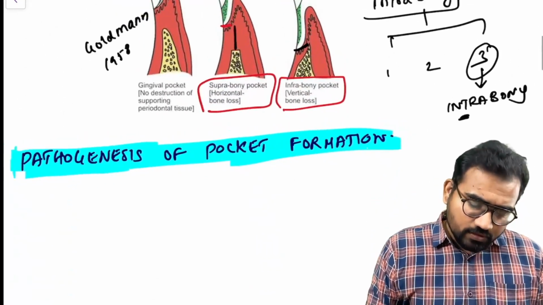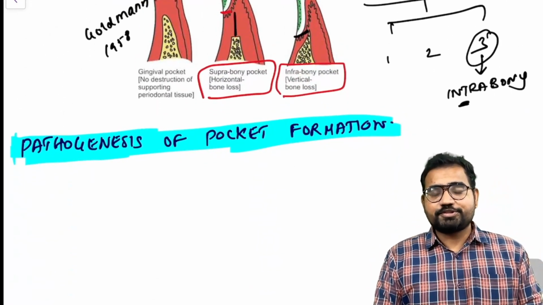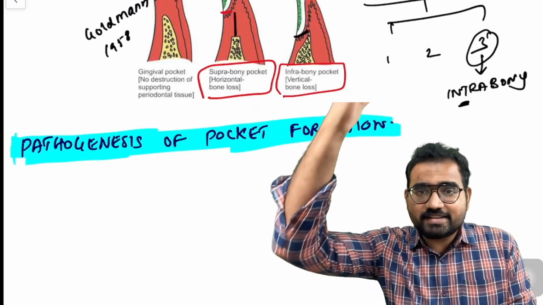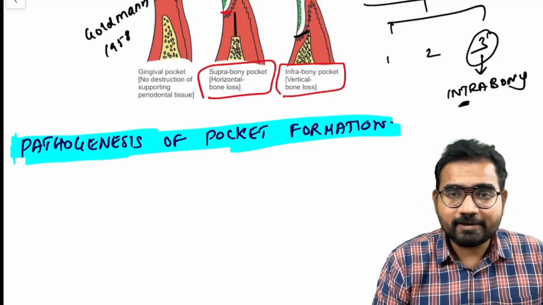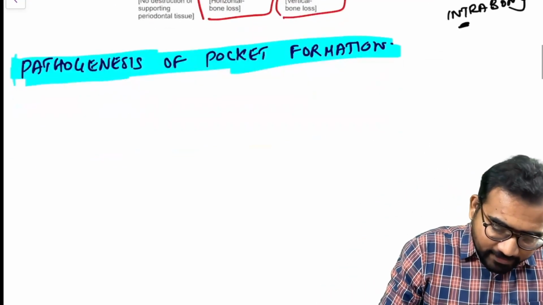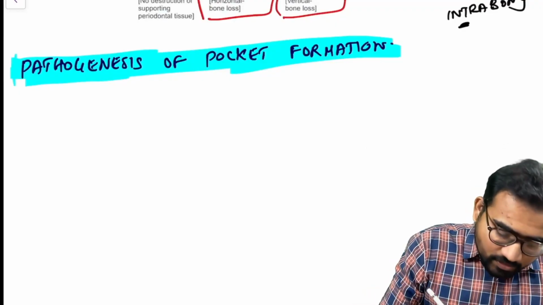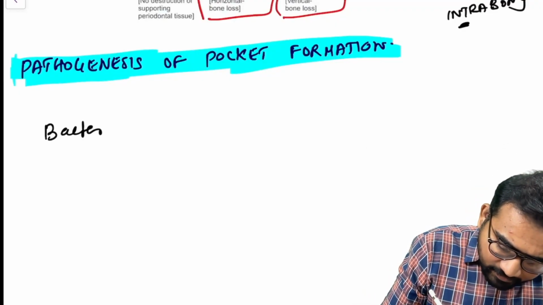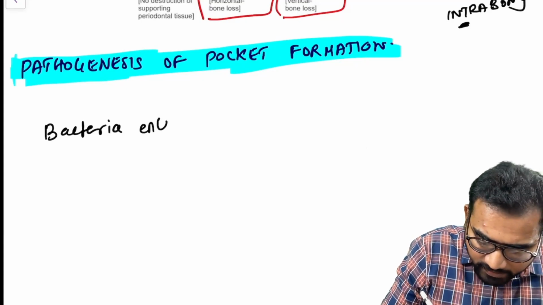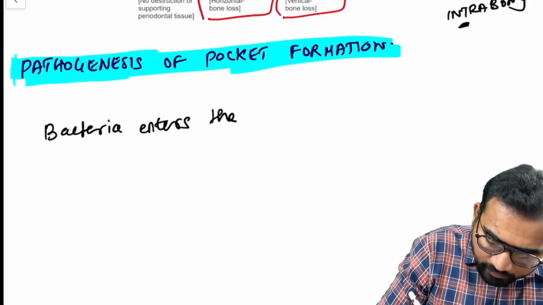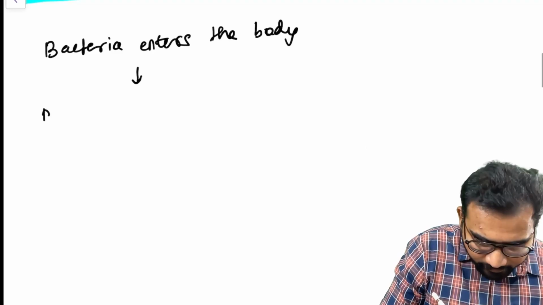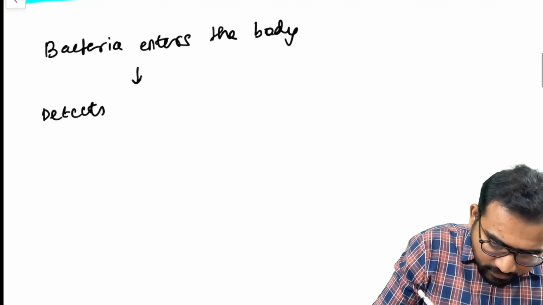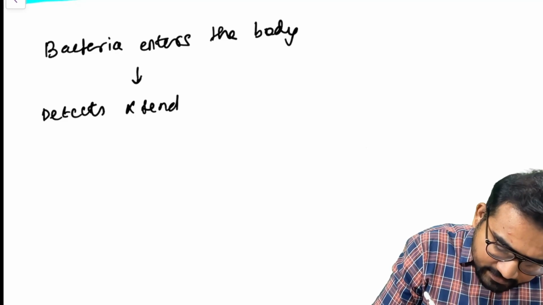Now, coming to the pathogenesis of pocket formation. As discussed earlier, the host response to the microbes, I'm just going to recap it again. Whenever bacteria enter the body, the body detects them and sends signals.